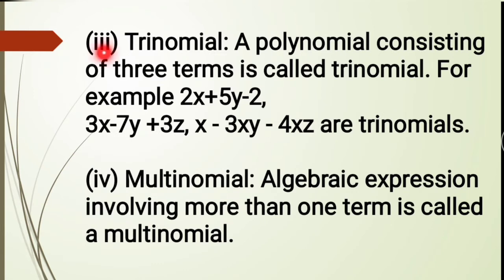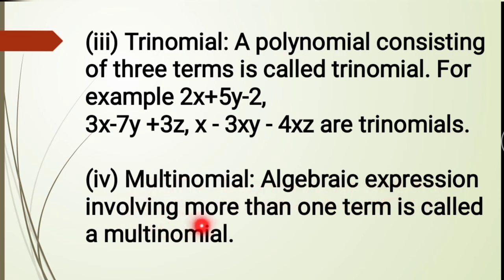Number 3, trinomial. A polynomial consisting of three terms is called a trinomial. For example, 2x plus 5y minus 2, 3x minus 7y plus 3z, x minus 3xy minus 4xz are trinomials.